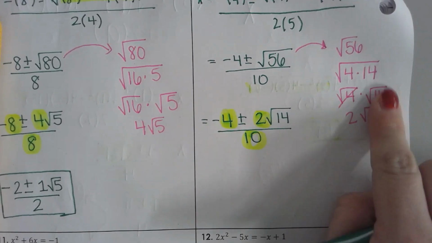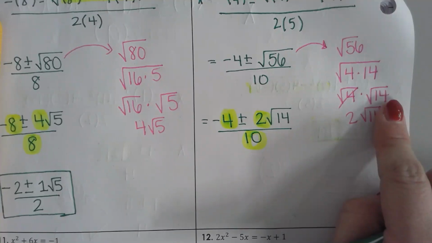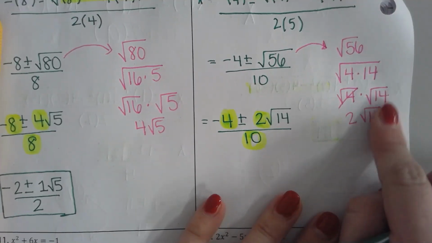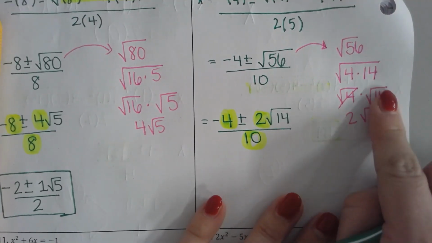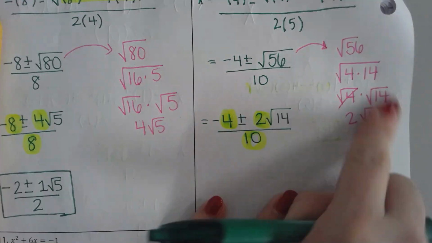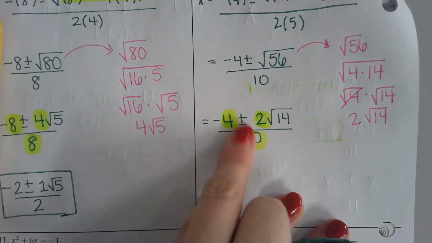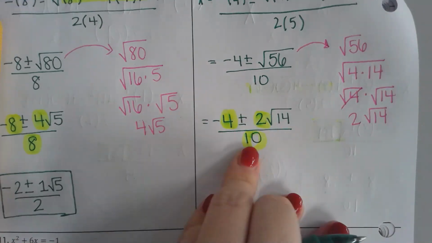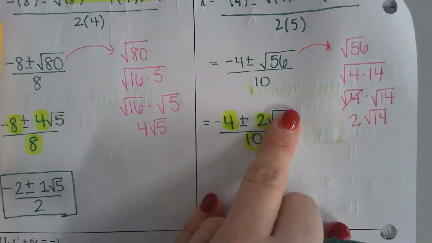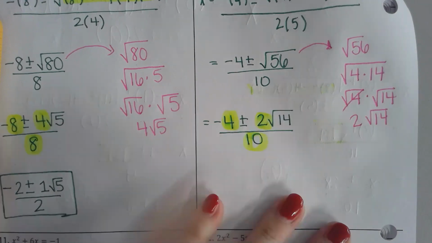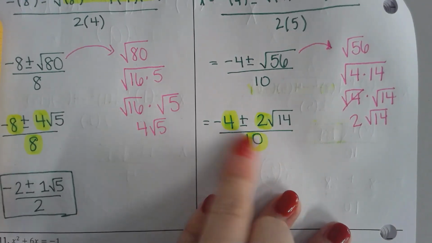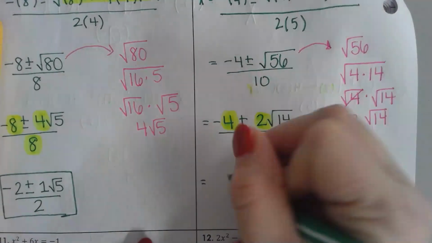But 14, it's not a whole number. Square root of 14 is a decimal. You only divide the numbers outside. You don't divide what's underneath. You only divide those 3. And those can all be divided by 2.